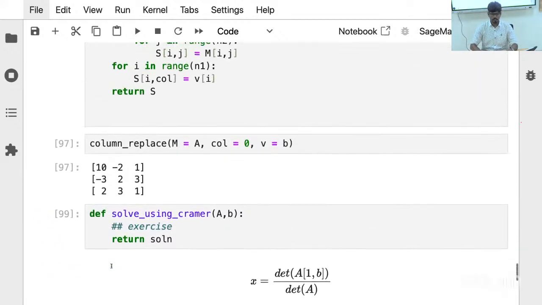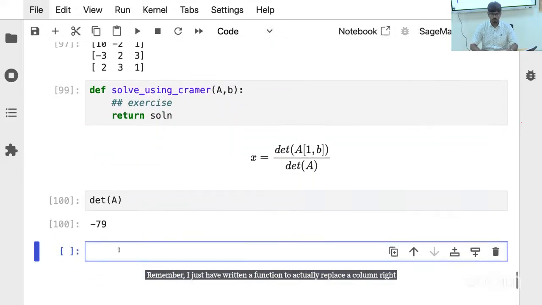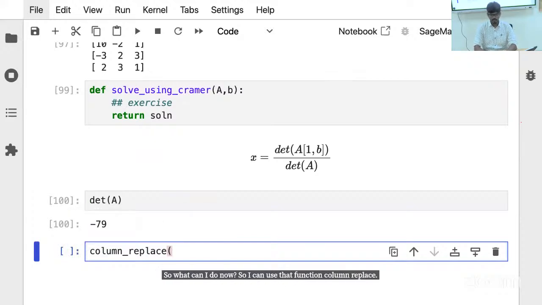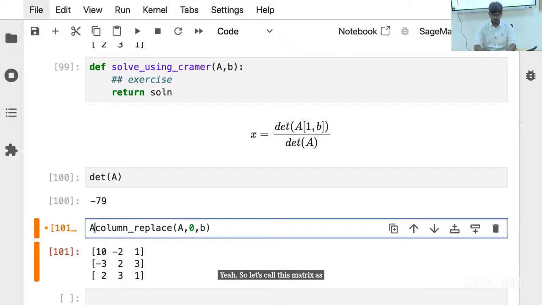Remember, I just wrote a function to replace a column, right? So I can use that function column replace, where it takes the matrix A, and I should take the 0th column and replace it by B. So now I have a matrix in which the first column is replaced by B. Yeah, so let's call this matrix A1B.